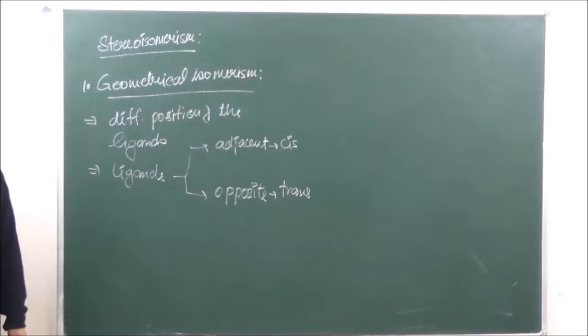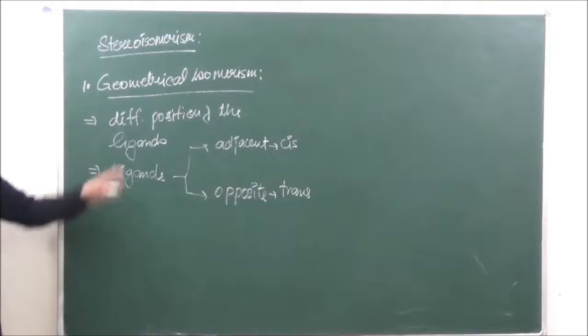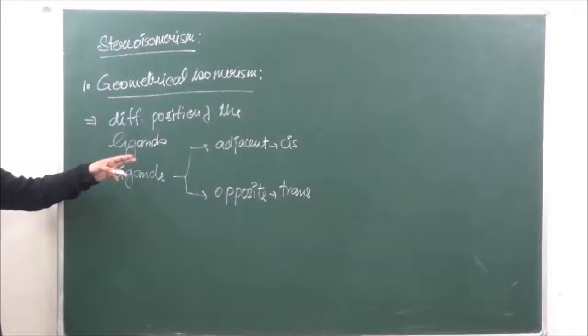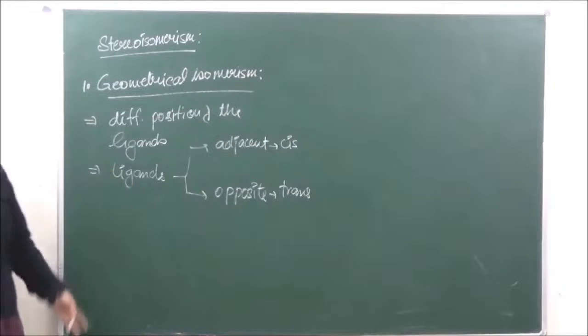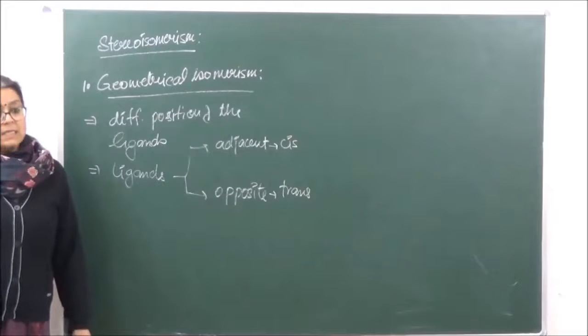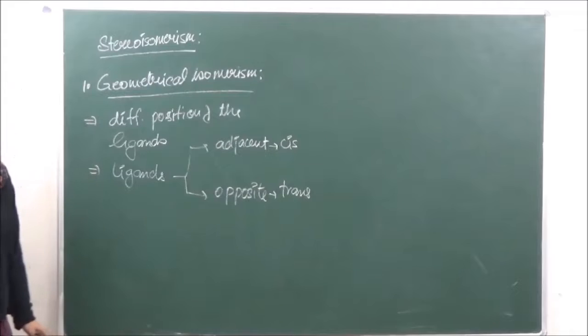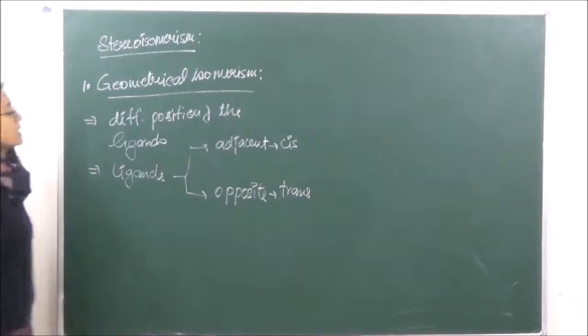Now whenever there are two same ligands at right angle to each other, the form is going to be cis. As I have already told you, if they are at adjacent positions they are cis, and if they are at opposite positions they are trans.